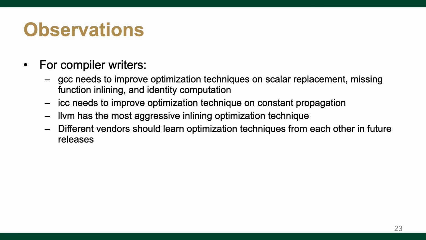Compiler optimization is still a promising research topic that is worth further exploring. Our study shows that different compilers behave differently in every category of inefficiencies, and we suggest compiler vendors should learn optimization techniques from each other in future releases.